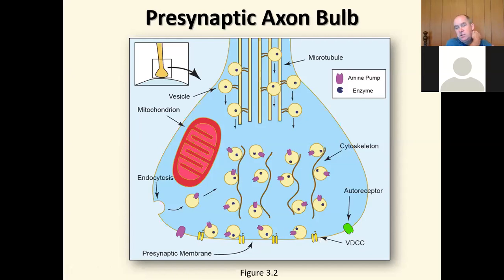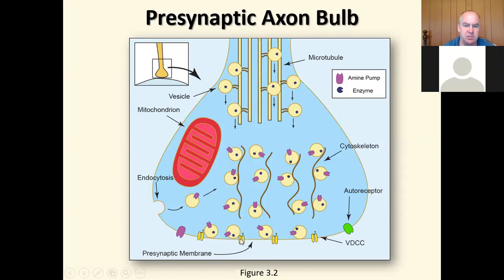To release neurotransmitter then, if we go back and review the last class a little bit, you get stimulation in the soma, and that goes to the axon hillock, which starts an action potential. The action potential goes all the way down the axon. When it gets to the axon bulb, that's where we are here. The action potential comes down the membrane.